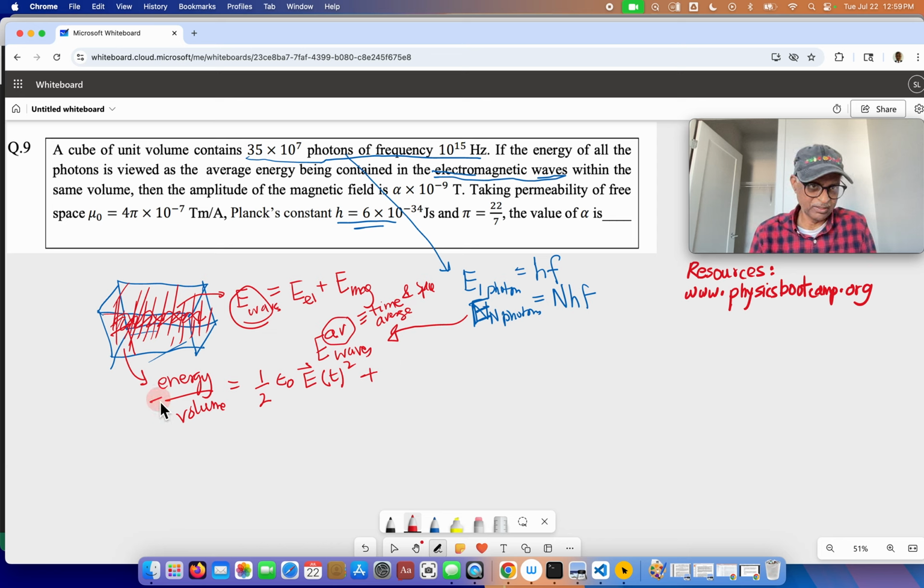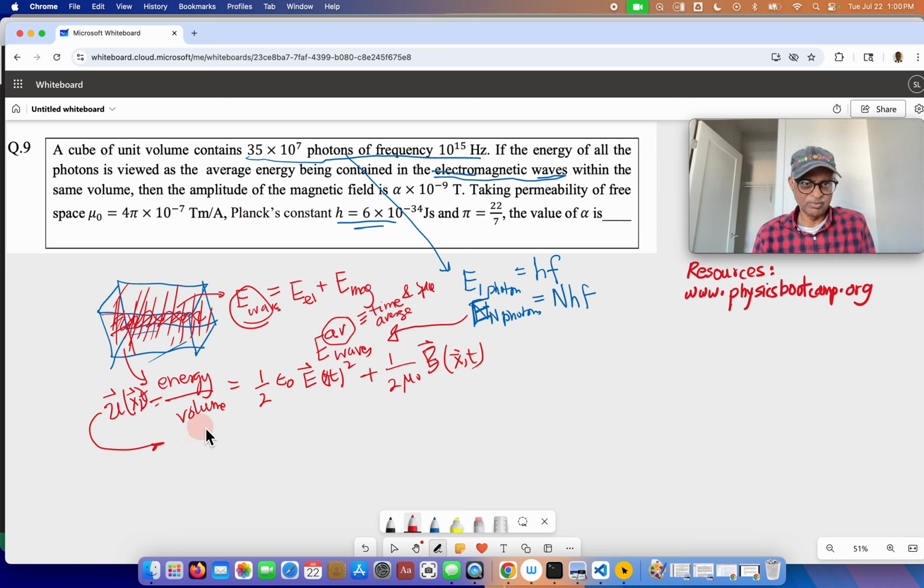So at any point at time t, the energy depends on how much electric field there is at that time, plus 1/2 mu zero times the magnetic field B(x,t) squared. So you need to do the average of this thing.